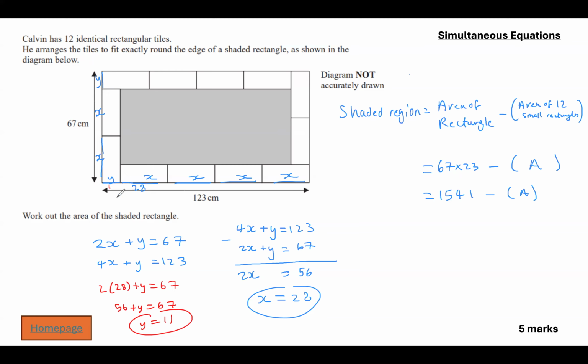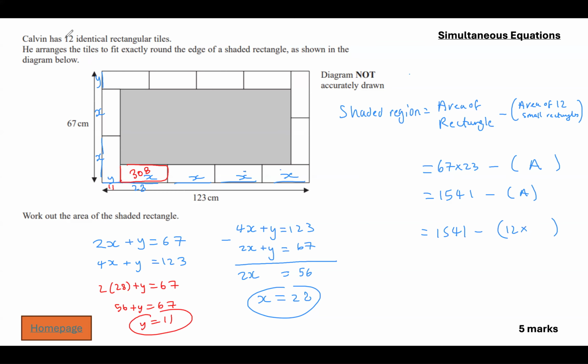Okay. So now we know the height, we know the width, we can work out the area of one rectangle. So that's going to be 28 times 11, and that's going to be 308. So the area of the 12 small rectangles is going to be 12, because we have 12 of these.